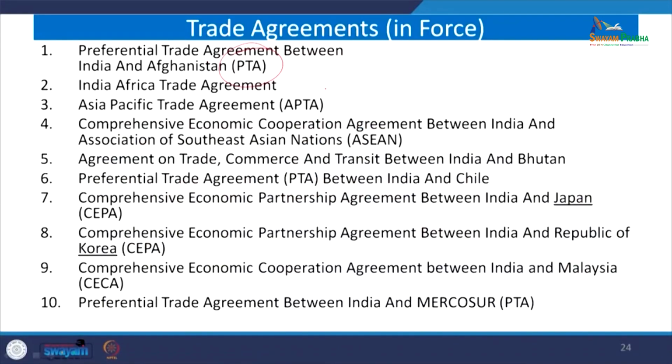I have already discussed there are 28 agreements, but besides that we have the agreements which are presently running, AFTA, ASEAN, PTA, some SICA, SIPA. These are going to be discussed in detail in the trade block chapter.